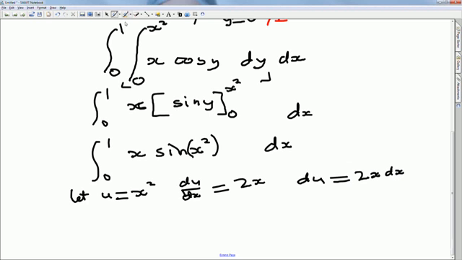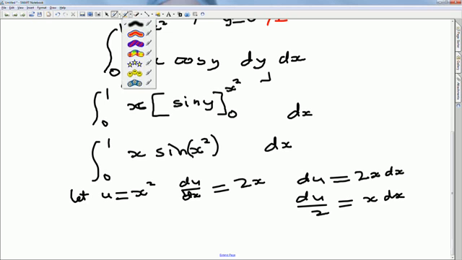Now I can see an x dx floating around, so I'll just divide both sides by 2, so I can replace the x dx all in one go. There's an x dx that I can see, so I'm going to replace all of that in one go in a second.